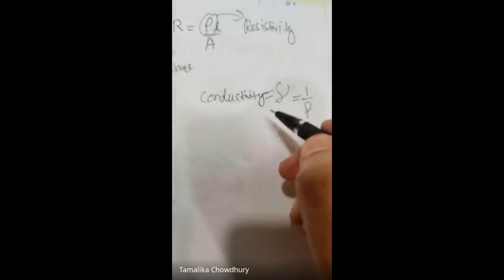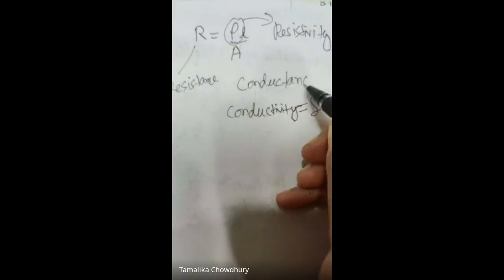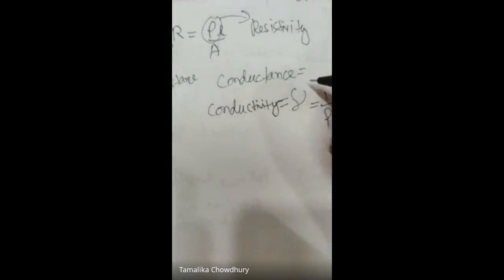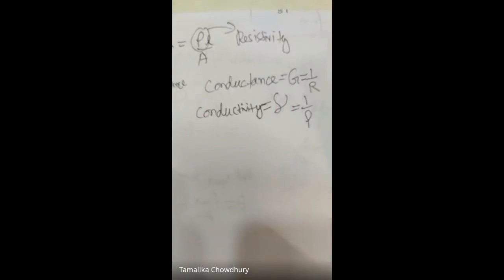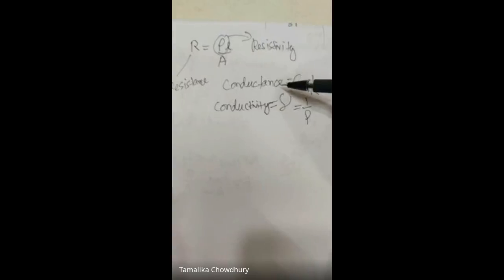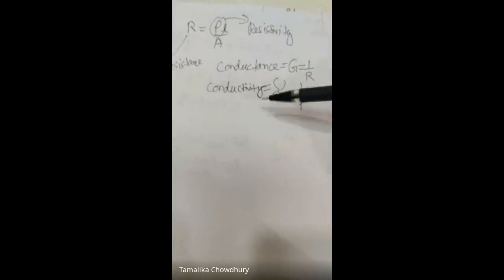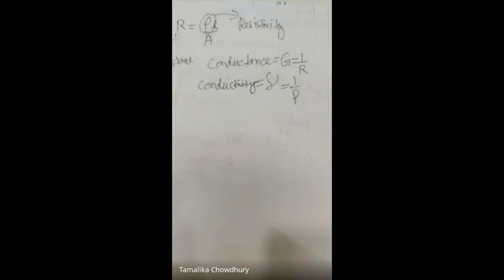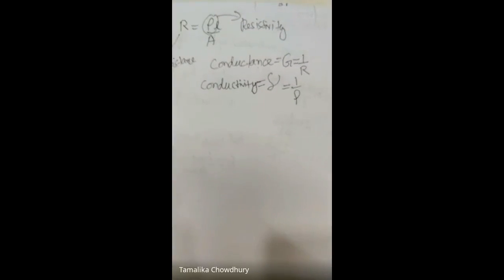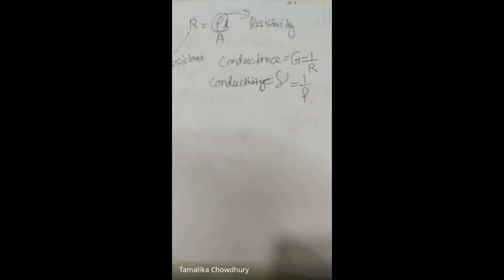And conductance is given by G, which is equal to 1 by R. Now clear everyone? G or conductance is 1 by R and conductivity is the opposite of resistivity, 1 by rho. Everyone can write this down, please.